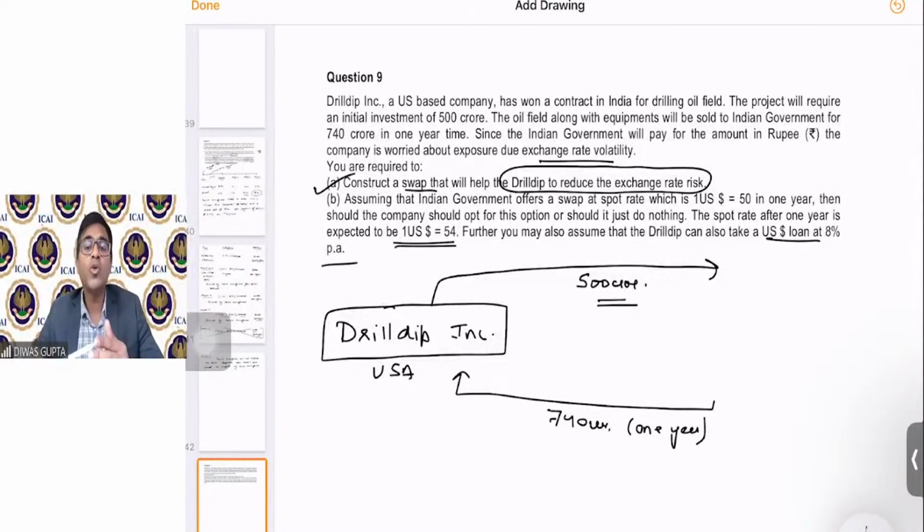And the swap is also available at $1 is equal to 50 for today and 1 year cash flows from today. However, the forward rate of 1 year appearing as on today is $1 is equal to 54.